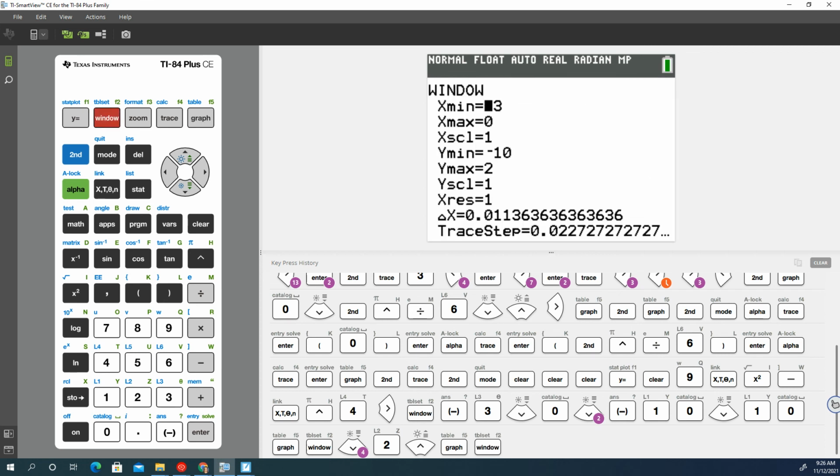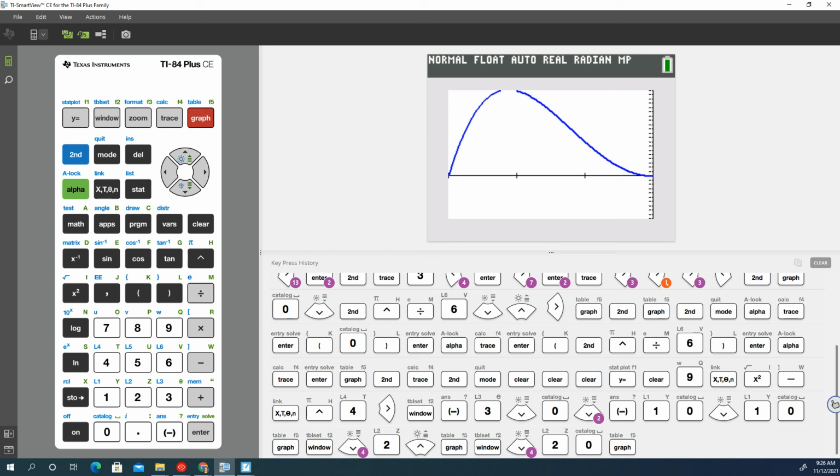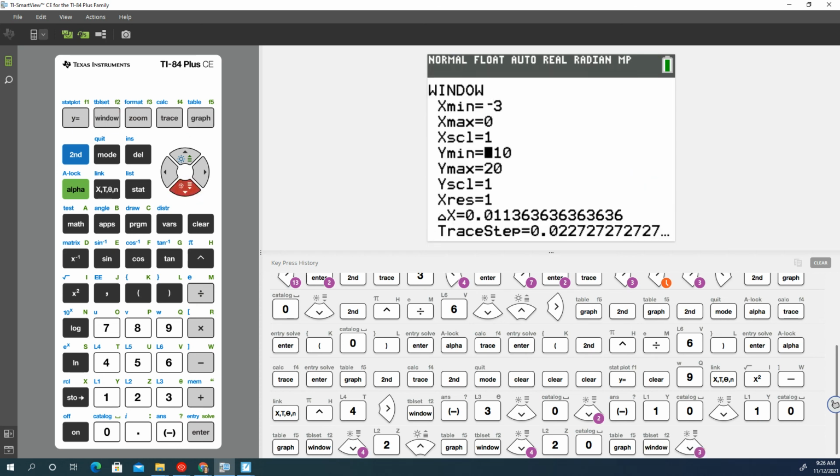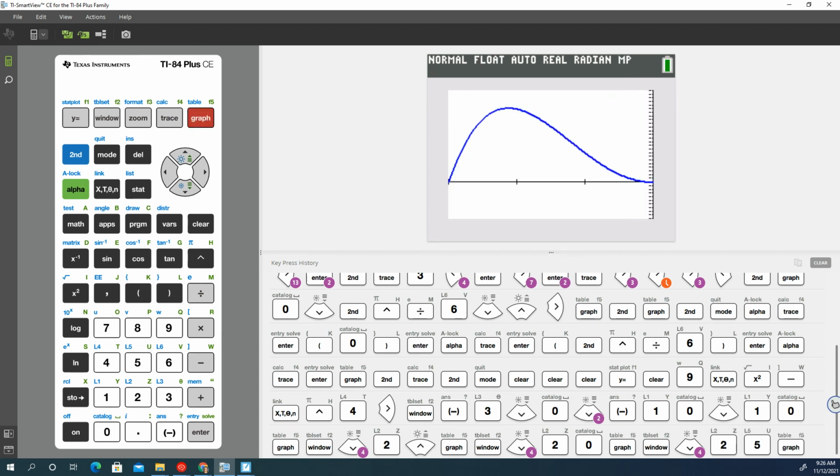Did I do that wrong? Oops. 20. A little higher. 25. Okay. So in this interval, -3 to 0, you can see we got those same outputs of 0 at our 2 endpoints.